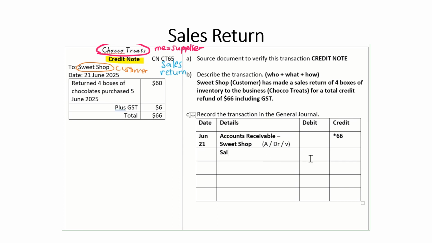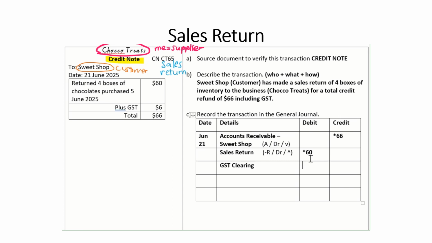This was a sales return. Now, sales return is what we call a negative revenue. Since the revenue is of credit nature, a negative revenue would therefore be a debit nature. We are recognizing that there was an increase in the sales return, and so on the debit side, we are recording $60.